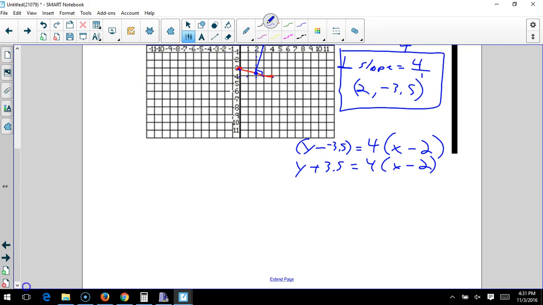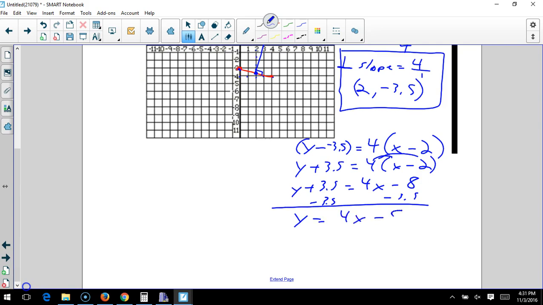If I want to turn it into slope-intercept, I distribute that: y plus 3.5 equals 4x minus 8. Subtract 3.5. I have y equals 4x minus 11.5. And that's my equation in slope-intercept form.